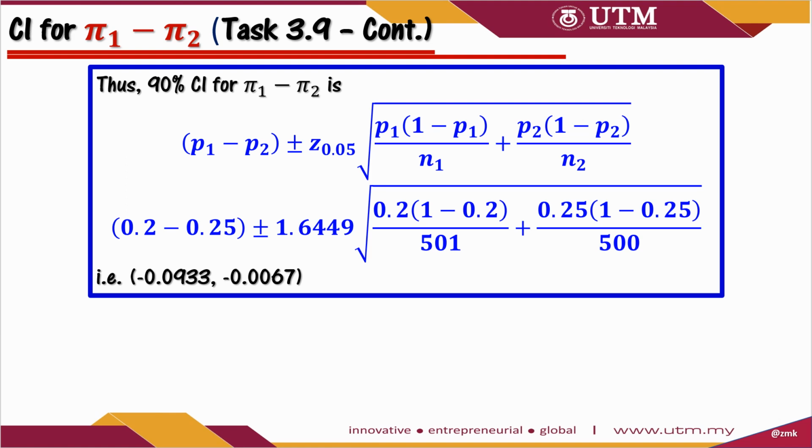If you were to construct the 90% confidence interval for pi2 minus pi1 instead, then you will get the answer to be 0.0067 and 0.0933, or simply 0.67% and 9.33%.